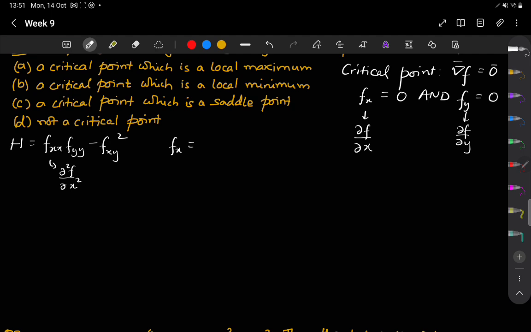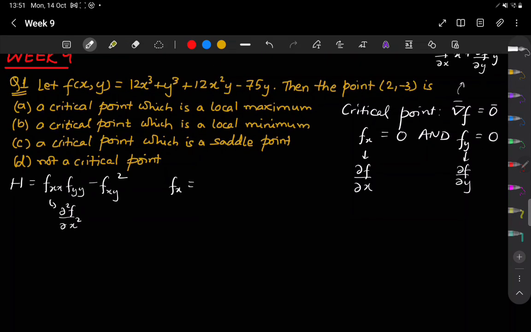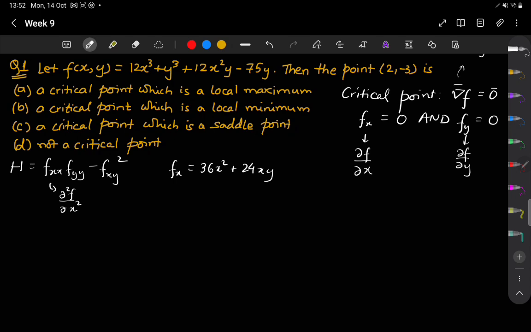you need to differentiate. So this is equal to 36x squared plus 24xy. Remember, it is derivative with respect to x, so y is treated as a constant.